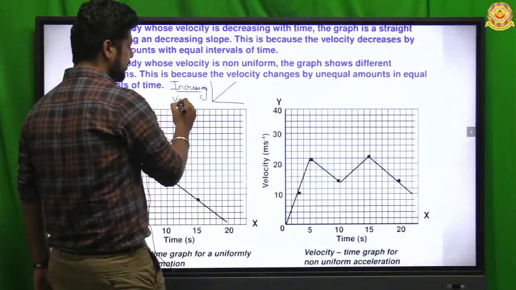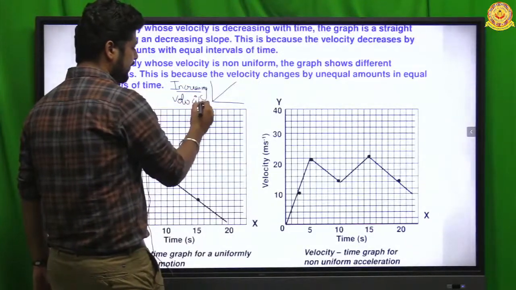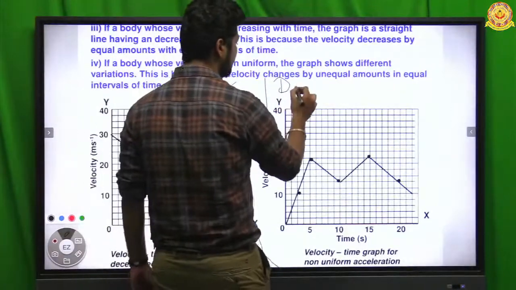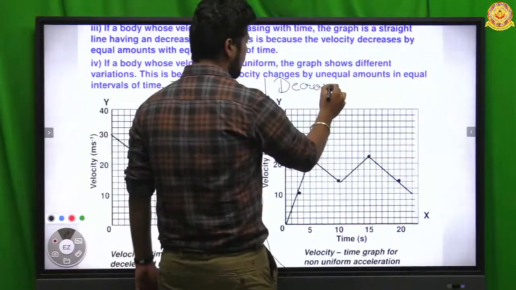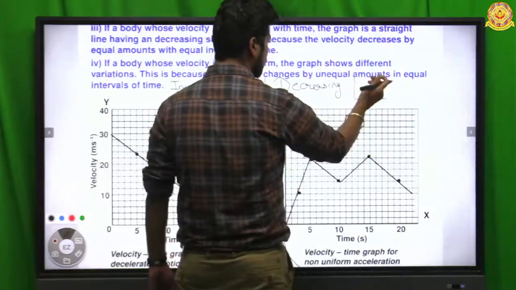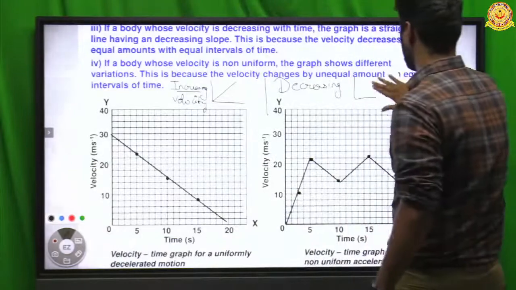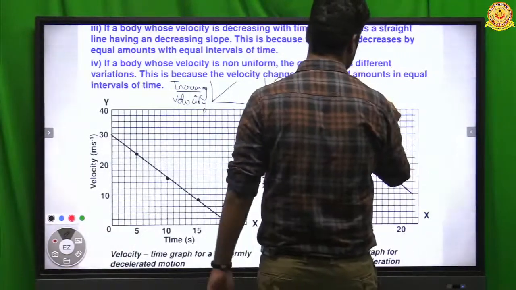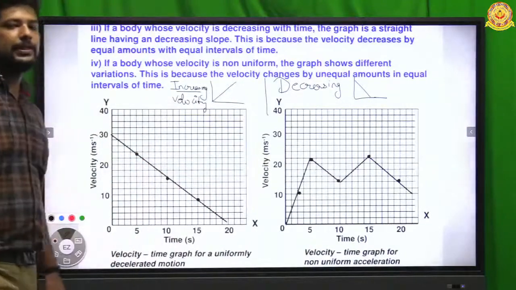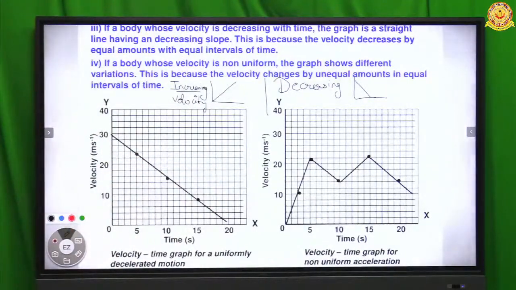For increasing velocity, we got a graph like this, but for a decreasing velocity, we got a graph with a decreasing slope, like this. Okay, so this is basically the difference between these two graphs when we have increasing and decreasing velocity. Understood?